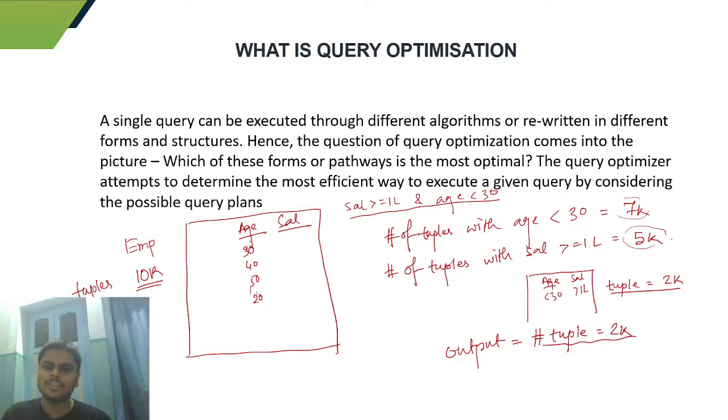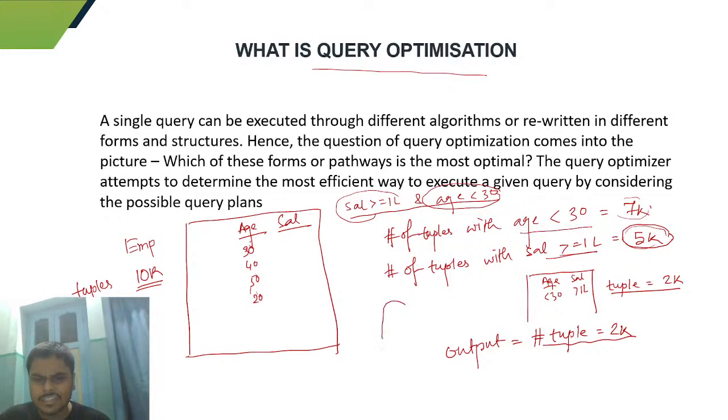So as you can see, there are two propositions, right? In these two propositions, how can we minimize our disk access? This is what query optimization is. If we do salary greater than 1 lakh first, we retrieve 5k tuples.